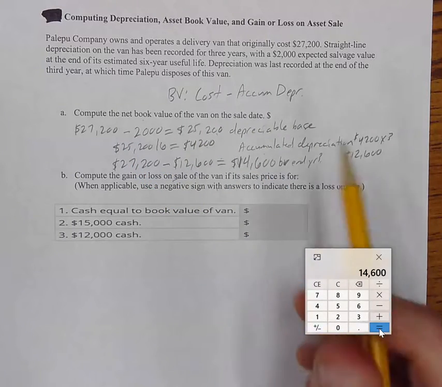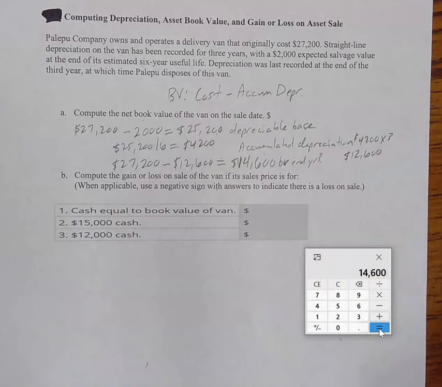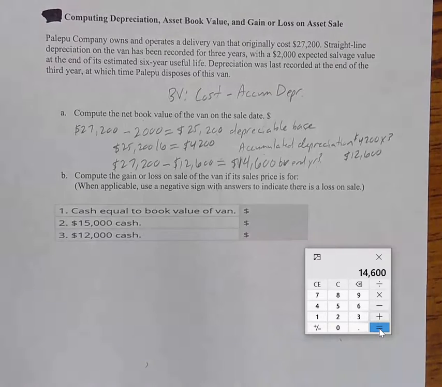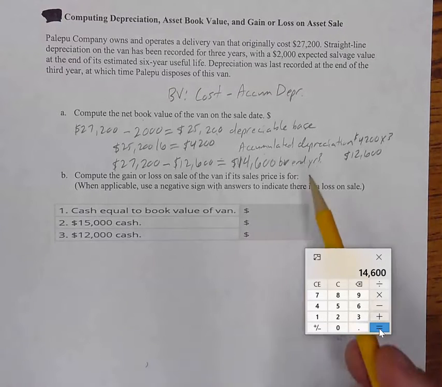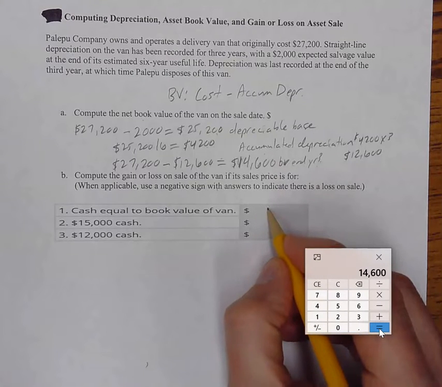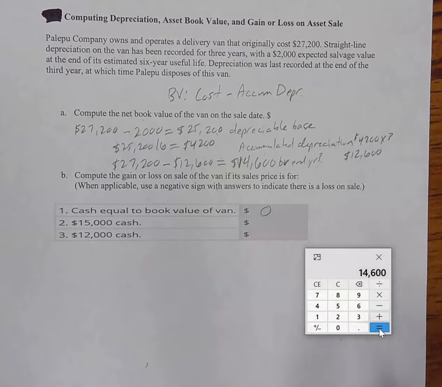Compute the gain or loss on the sale of the van, or disposition or disposal of the van, if its sales price is for cash equal to the book value. So what they're saying here is book value is 14.6 and we're getting 14.6. So in this case, we have no gain or loss.